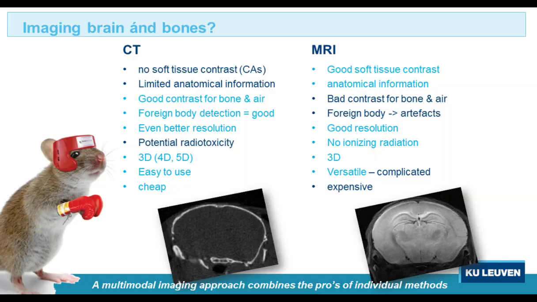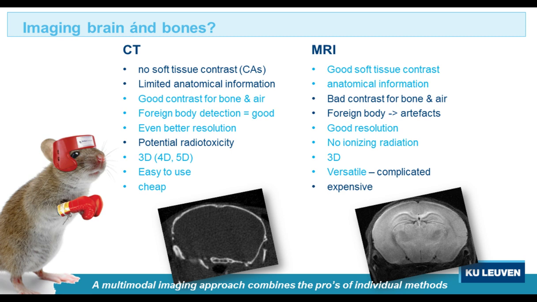And why is this? I want to illustrate a bit the differences between CT and MRI. What's important to take home as a message is that I often get the question, which imaging method is better? Is it CT, is it MRI, or something else? Very often the answer is never that one or the other is better. They're often very complementary.